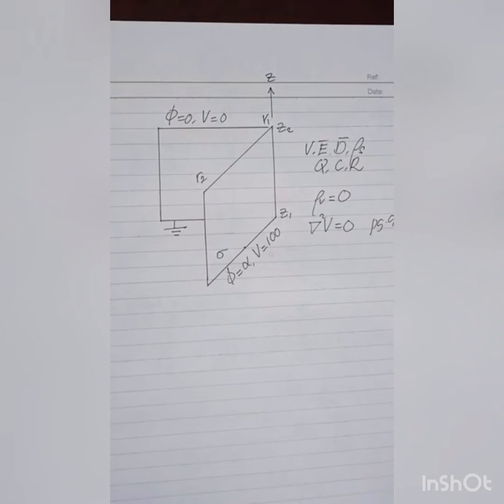We know, guys, that for this case the only parameter that changes is phi, which means R and Z remain constant.